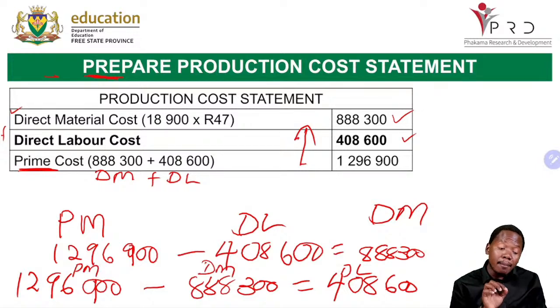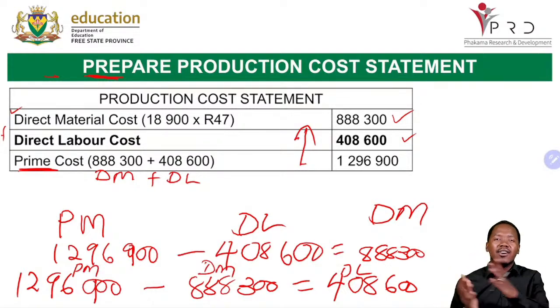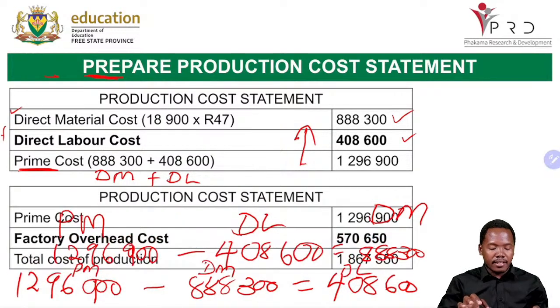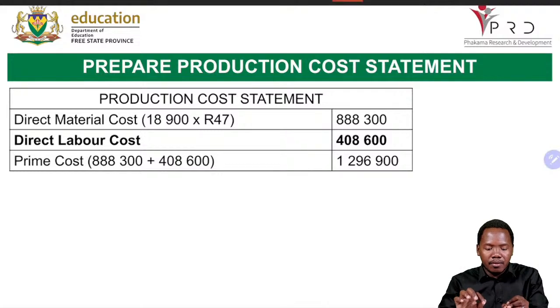If you say prime cost minus direct labor, you get your direct material cost. Please know how to play around with these figures. Okay. Know the bottom up method. Right. Then now I'm just going to clear here, and then we move on.